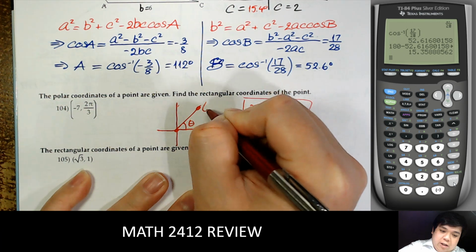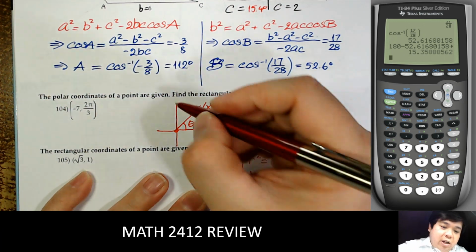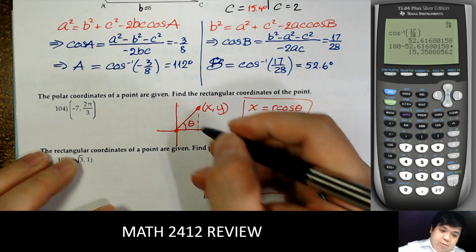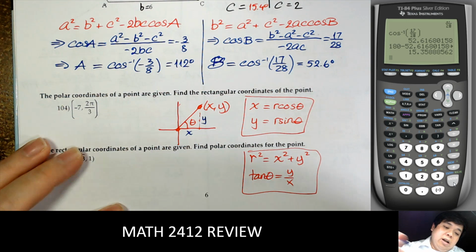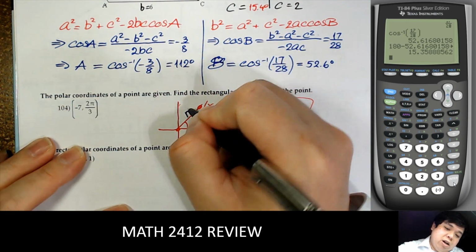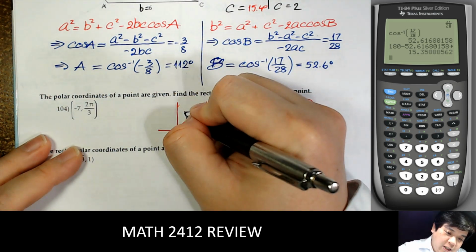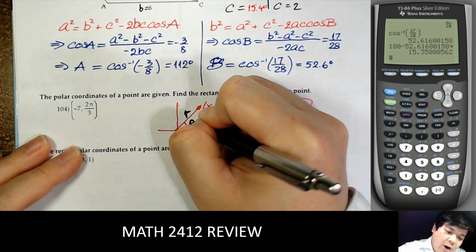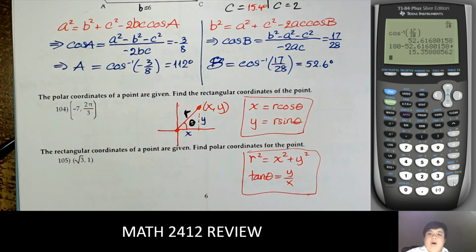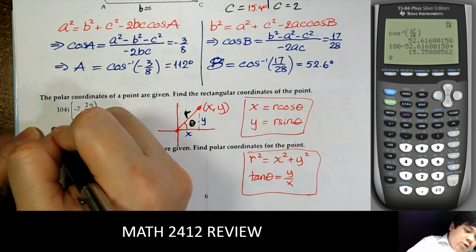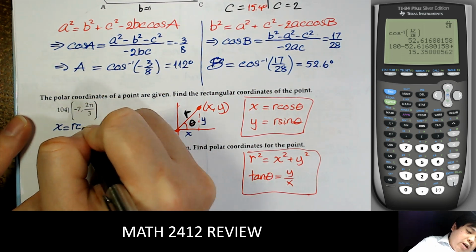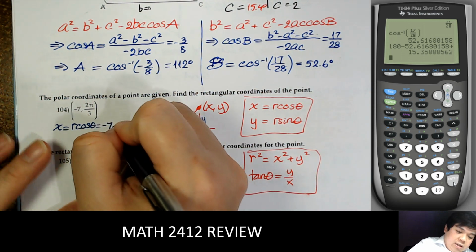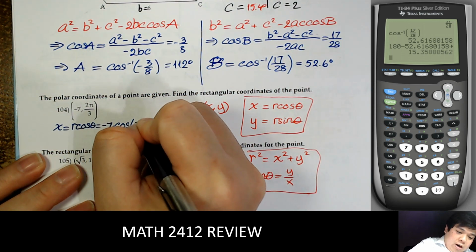Pretty much we have a point in rectangular coordinates, x and y, and we can also write that in terms of the two components r and theta. So in polar we have r and theta, in rectangular we have x and y. First, x equals r cosine theta. Negative 7 is r, cosine of 2 pi over 3.